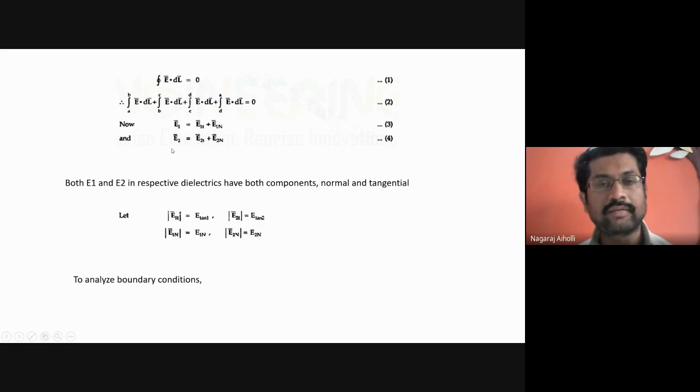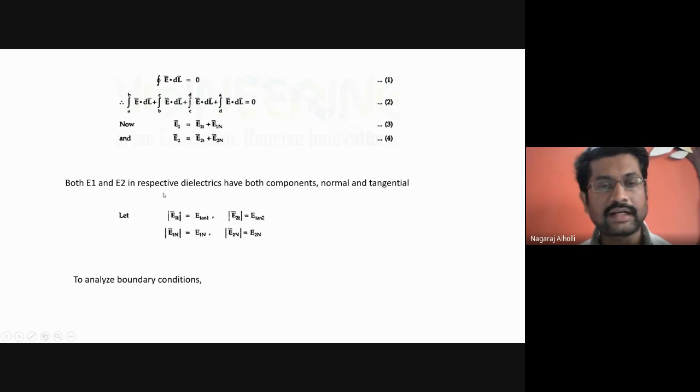Similarly, we can write the equation for E2, the electric field intensity in region 2, as E2 is equal to E2T, the tangential component in region 2, plus the normal component in region 2, and let it be taken as equation 4. So this is our equation in terms of E1T and E1N, E2T and E2N.